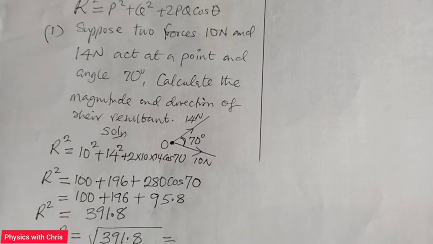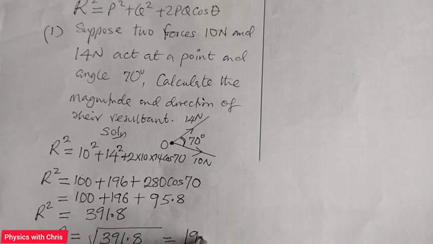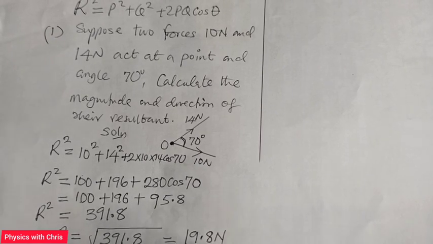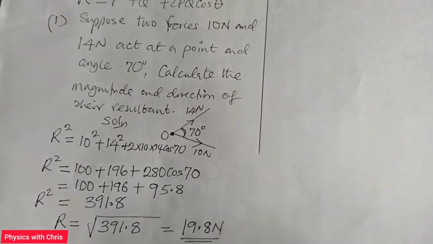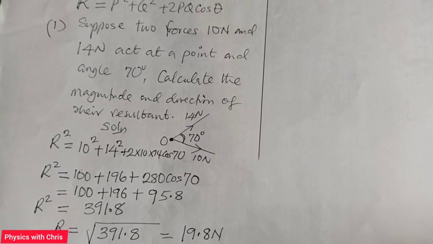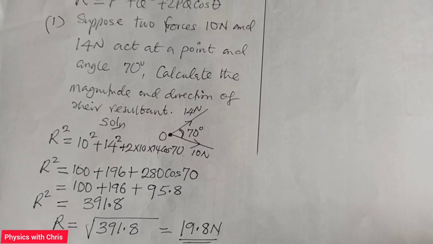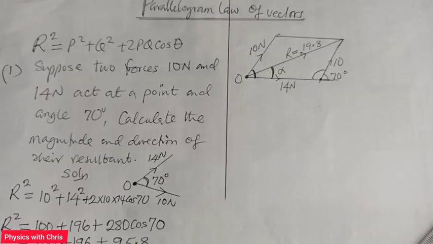That gives me 19.79, which is roughly 19.8 Newton. So that gives the magnitude of the resultant vector, using the parallelogram law of vectors, for the two given forces, 10 Newton and 14 Newton.